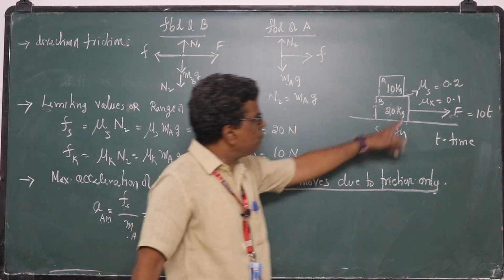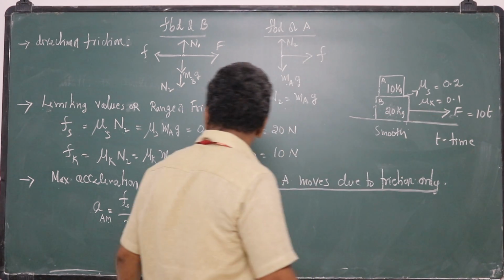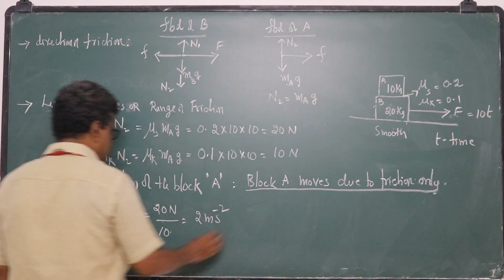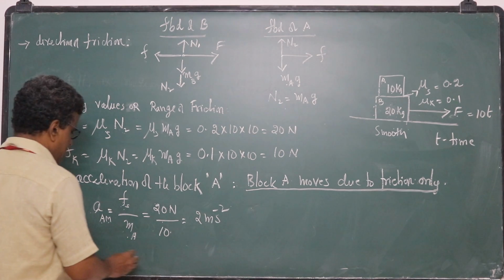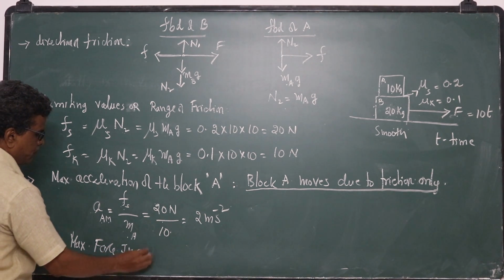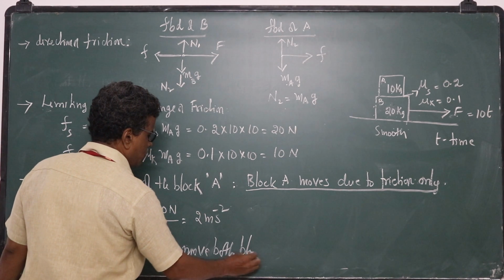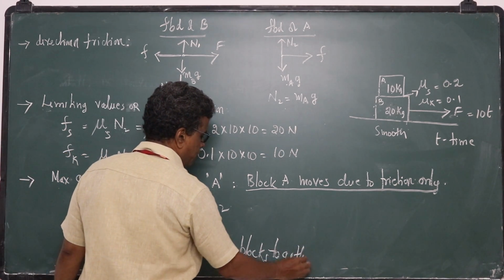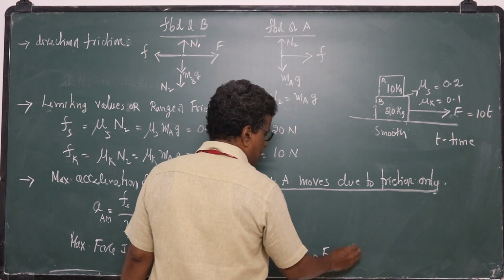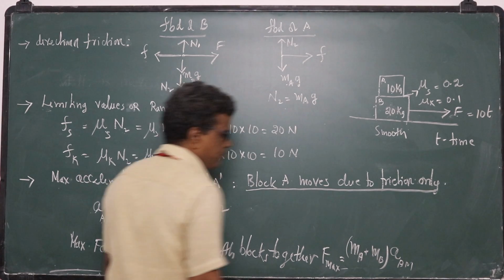So the maximum force in order to move these two blocks together: you take these two as a single body, then the maximum force in order to move both blocks together is F maximum equal to mass of A plus mass of B into the maximum acceleration of A. So use this formula.